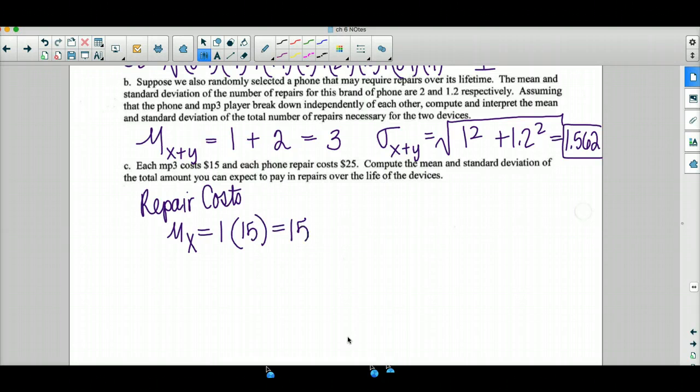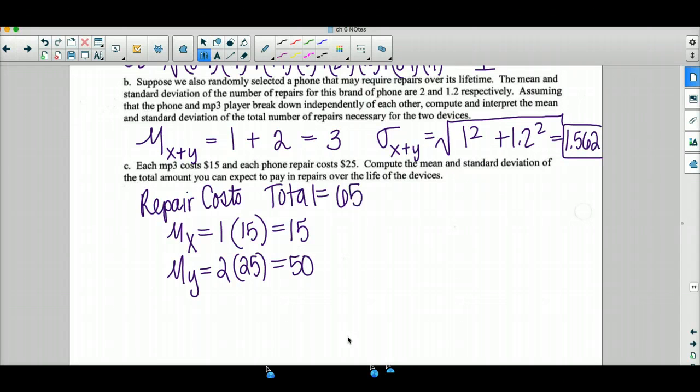So the mean for X is 15. And the mean for Y at 2 repairs times $25 is 50. So the total would be 65 for both of them together.